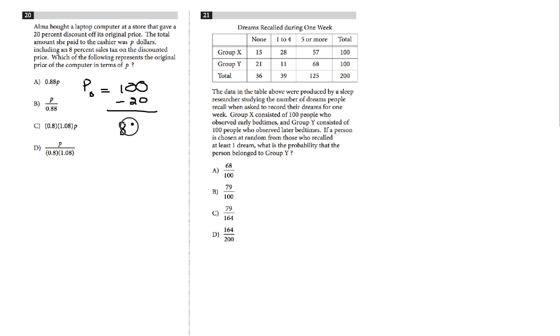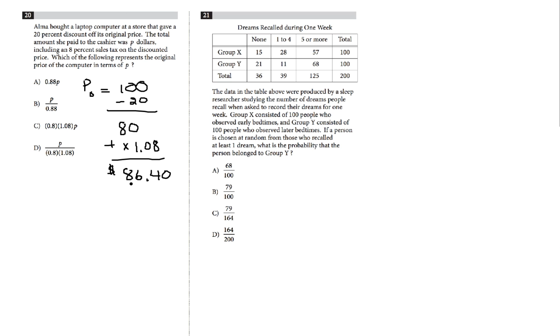It's easy to work with. You're going to get 80. Plus, we're going to add on to it the 8% tax. So we're going to add on to that 80 times 1.08, and we're going to get $86.40.